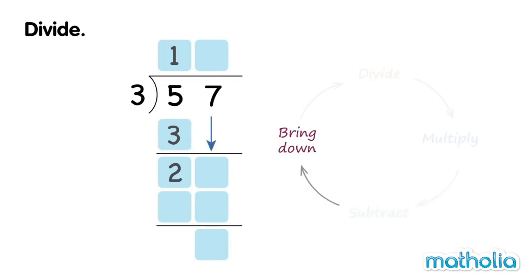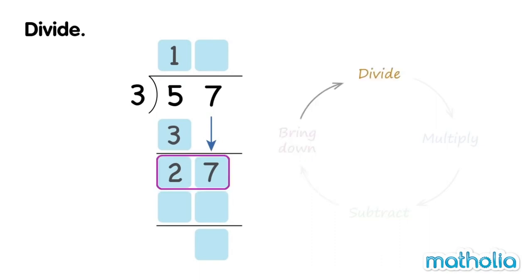Bring down the ones. Now we have 27 ones. Divide the 27 ones by 3. 27 divide 3 equals 9. We write the 9 in the ones column at the top.